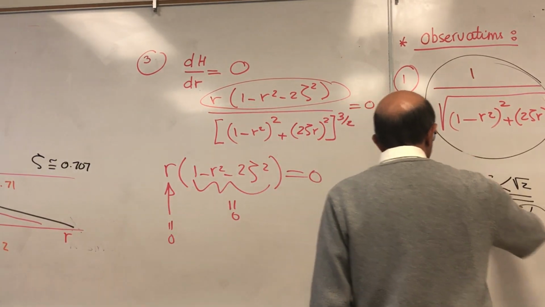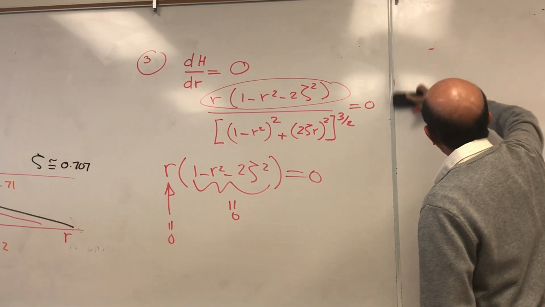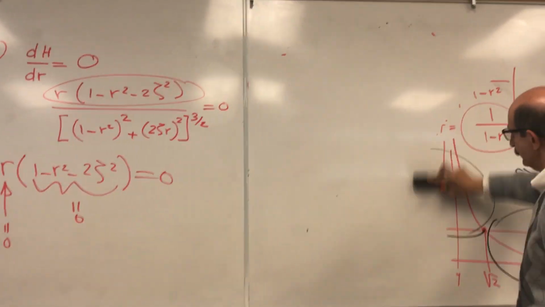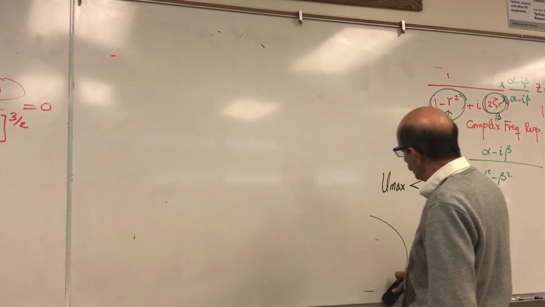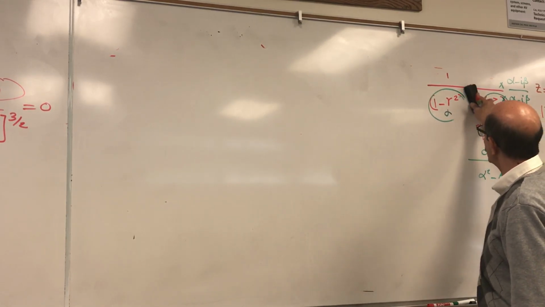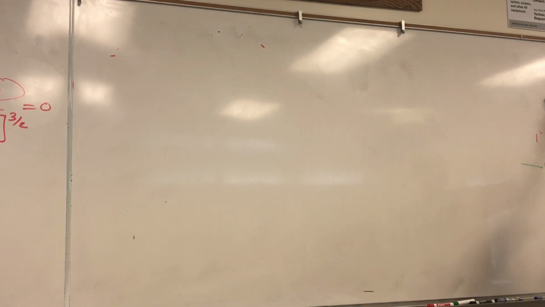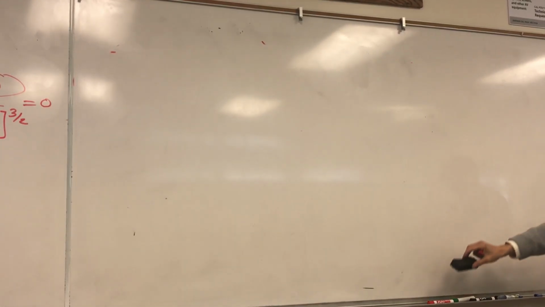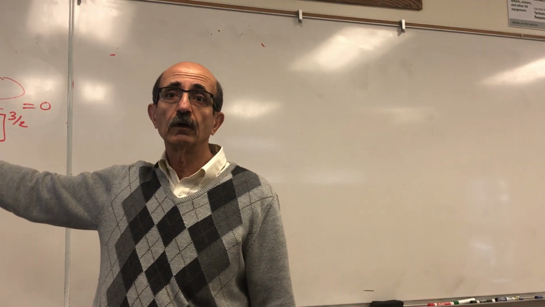So let's look at r is equal to 0. How do I know at r equal to 0 that corresponds to a maximum or a minimum for those curves? You evaluate the first derivative, or, you know, take the first derivative, equate that to 0, right?